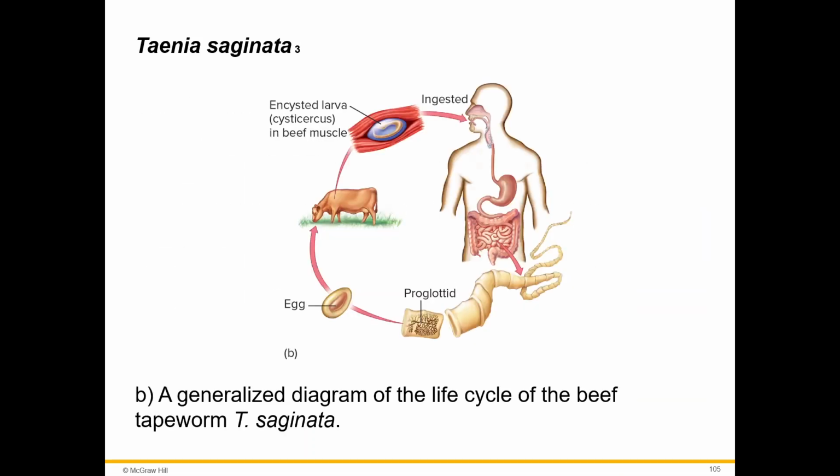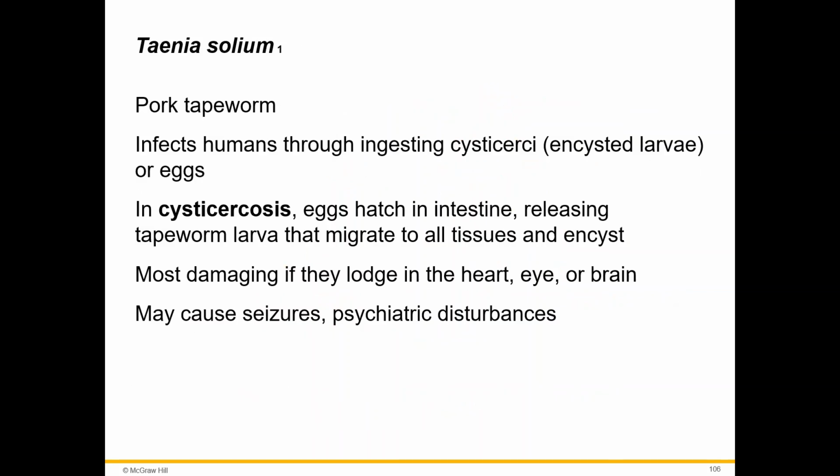But you ingest the larvae when they're encysted in muscle tissue. So you're eating it from a little piggy, you're getting some pork chops. And then the eggs will hatch in the intestine, and they'll release tapeworm larvae, and they'll eventually migrate to all tissues and encyst in that tissue.